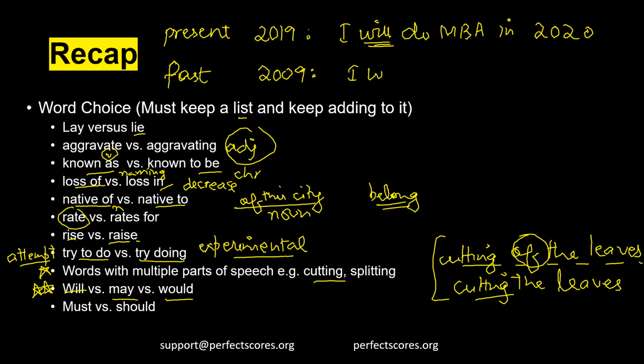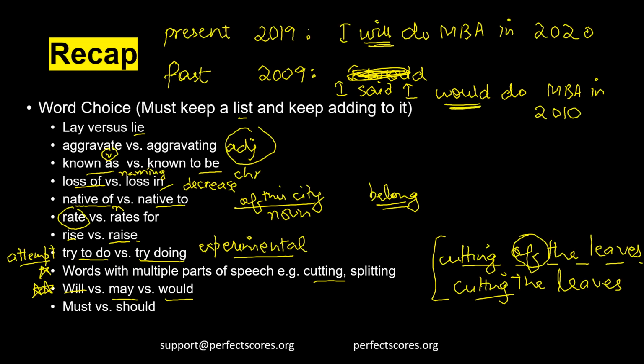In this case, I am going to use would. So the sentence is going to be, I said I would do MBA in 2020. Let me put a year closer to that, in 2010. So this is where I use the would. So basically, if that statement is being said or written in the present, you use will. But if it's being mentioned from the past perspective, you have to use the would.